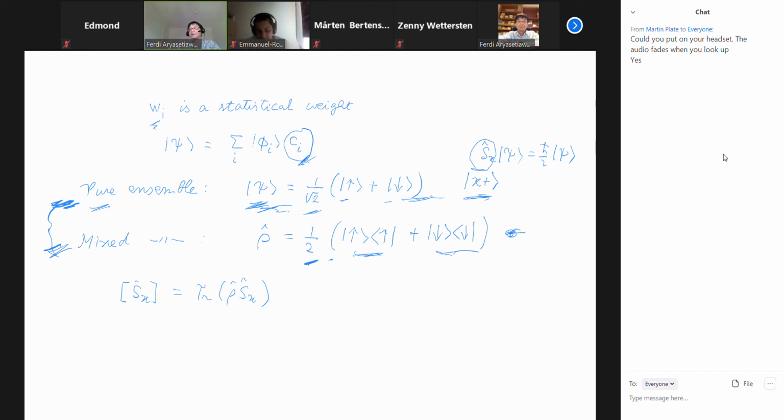So this illustrates the difference between the pure and the mixed ensemble. If we just make measurements along the z direction, then we cannot tell the difference between these two. But if we make measurements along the x direction, then we'll discover that these two systems are different.